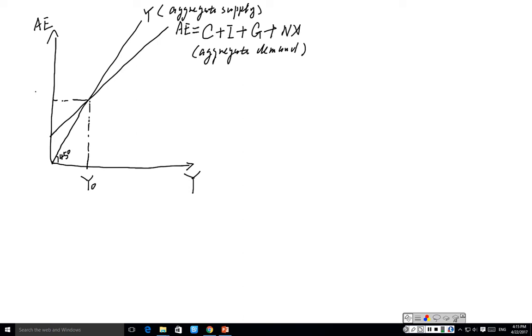Equilibrium aggregate expenditure is AE0. The intersection of these two curves is called the Keynesian cross. You can imagine this is a model developed based on the ideas of the economist John Keynes.